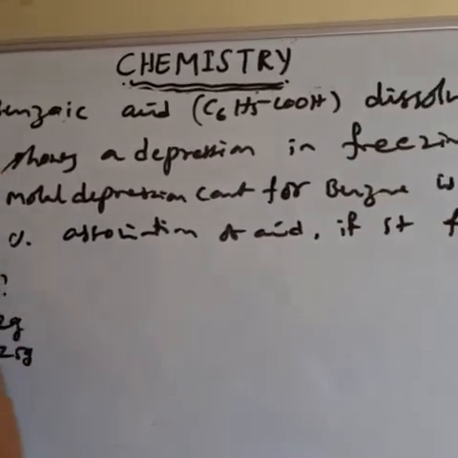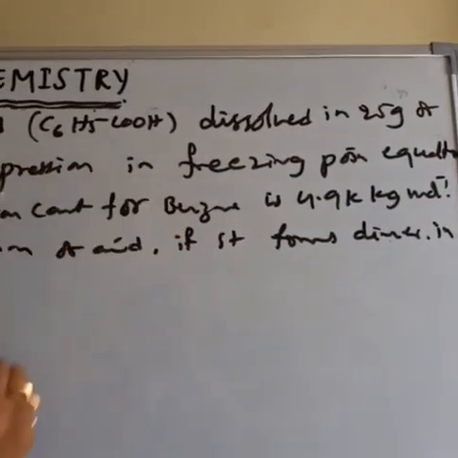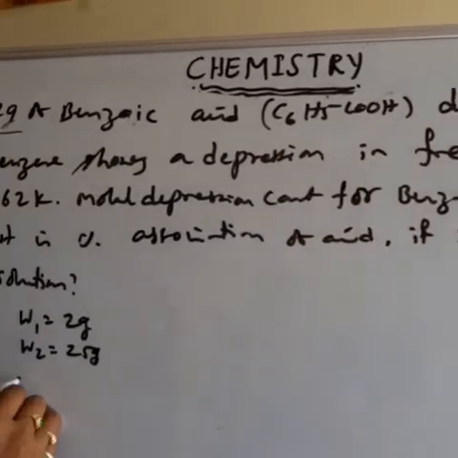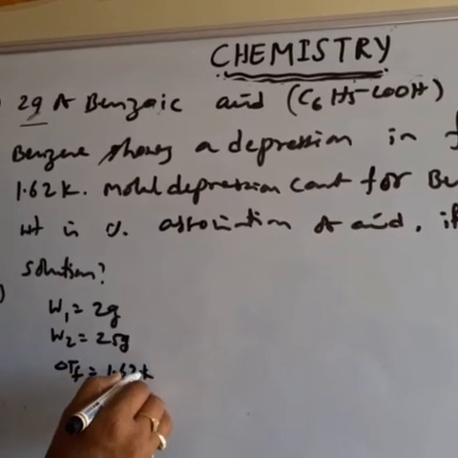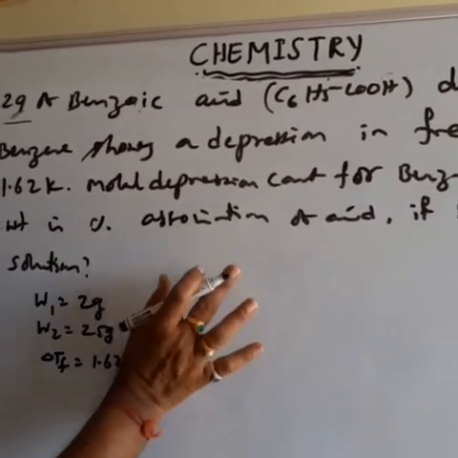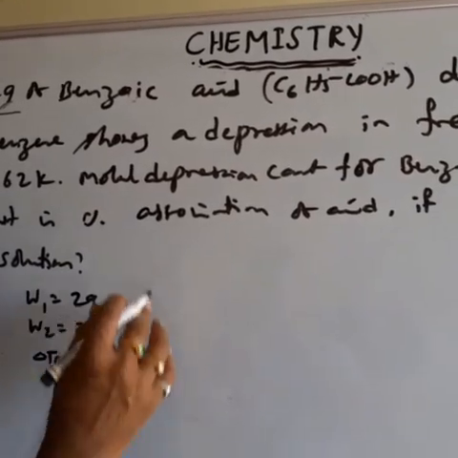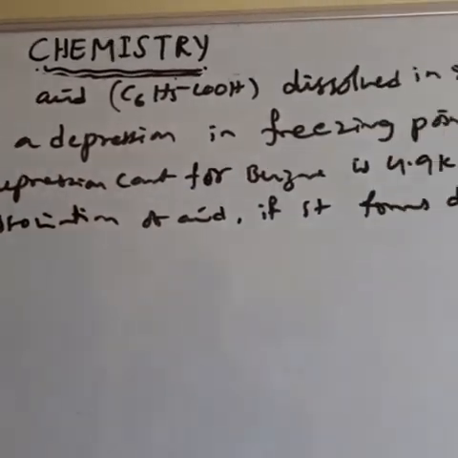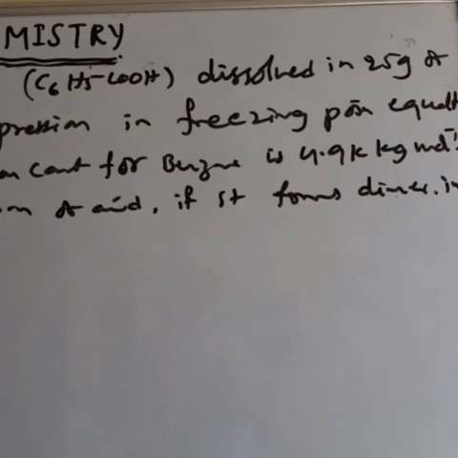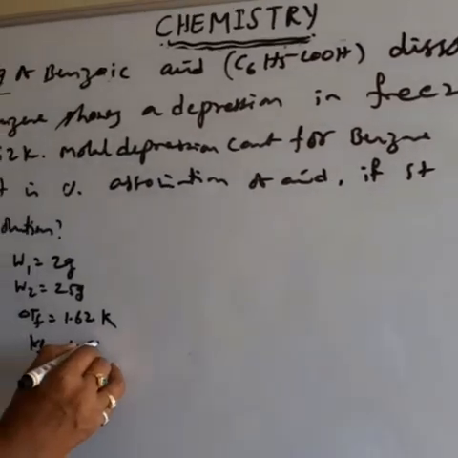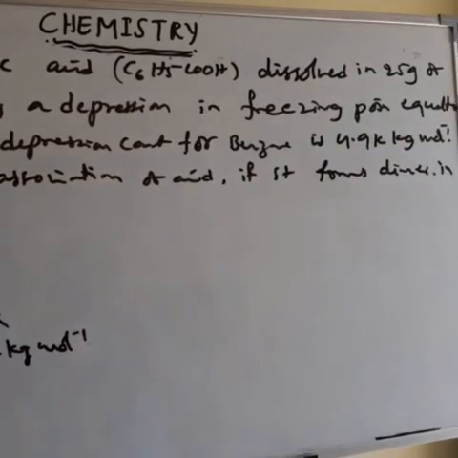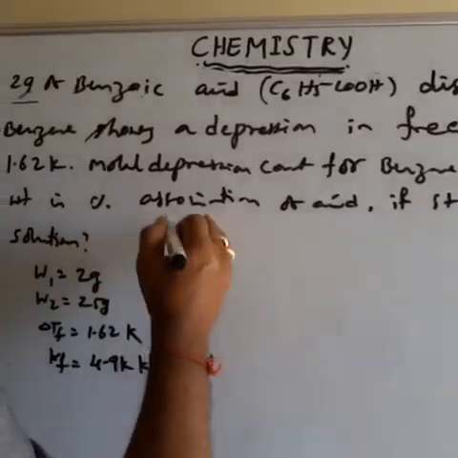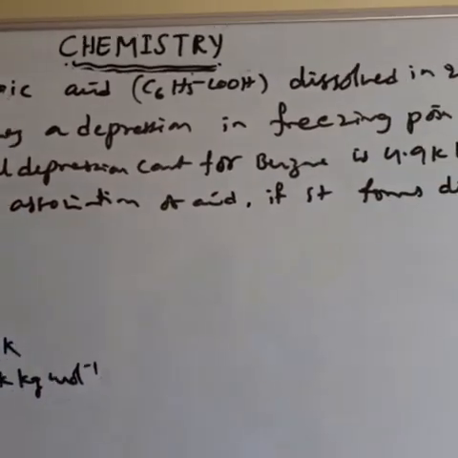It shows depression in freezing point, delta Tf, of 1.62 K. Molar depression constant of benzene, Kf, is 4.9 K kg mol inverse. Next, the percentage of association we have to find out.